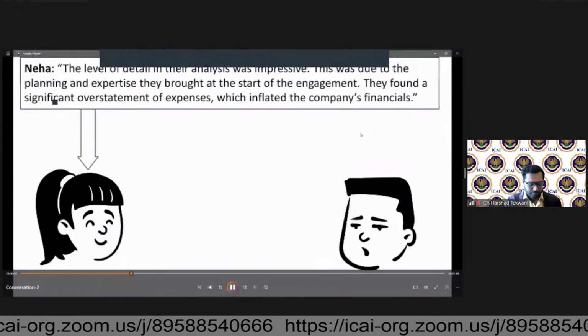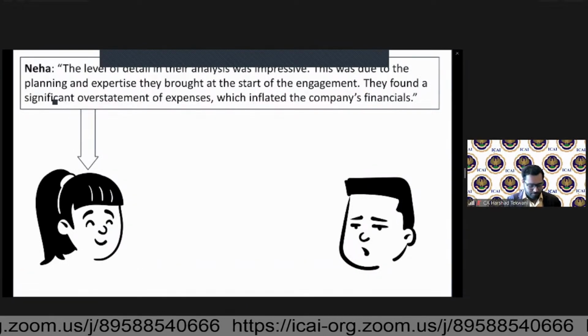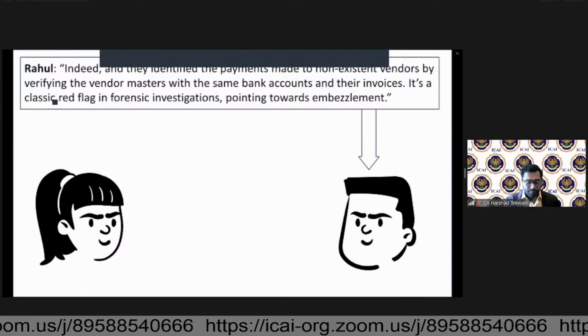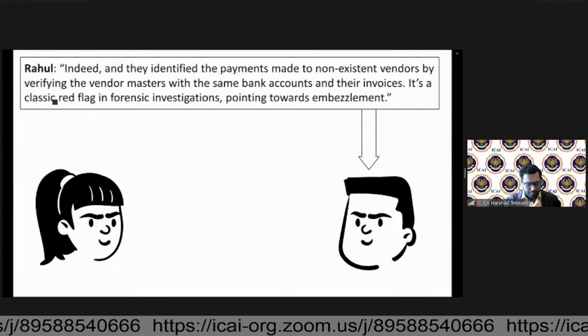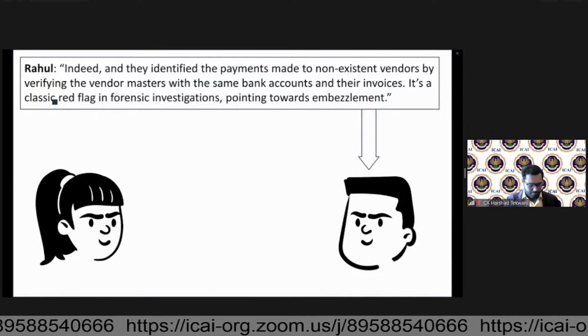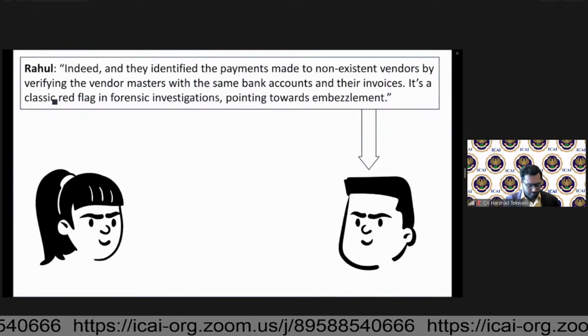They found a significant overstatement of expenses, which inflated the company's financials. Indeed, and they identified the payments made to non-existent vendors by verifying the vendor masters with the same bank accounts and their invoices. It's a classic red flag in forensic investigations, pointing towards embezzlement.